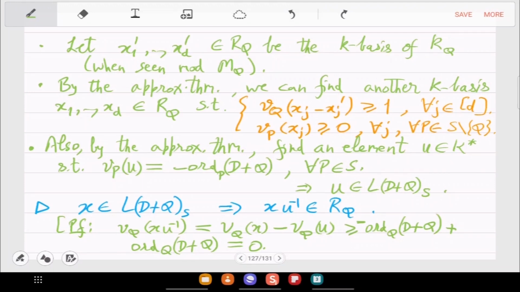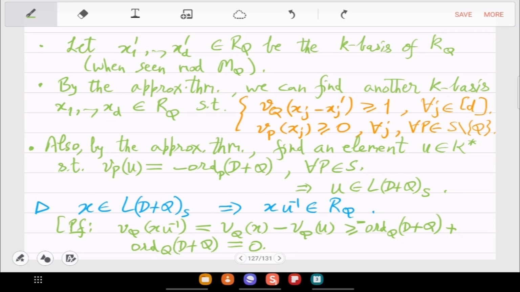So the valuation of Q, valuation of u and valuation of x are the same, actually. Sorry, greater than or equal: for the valuation of x you only have an inequality, a lower bound. But for the valuation of u you have an exact matching.